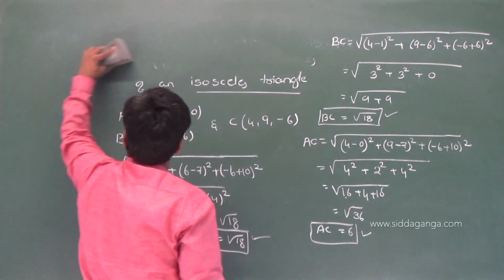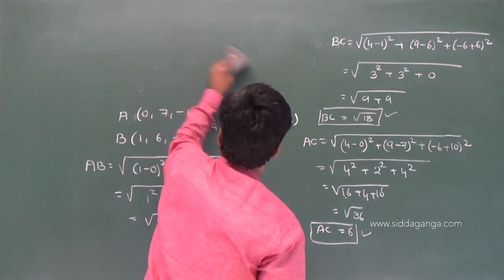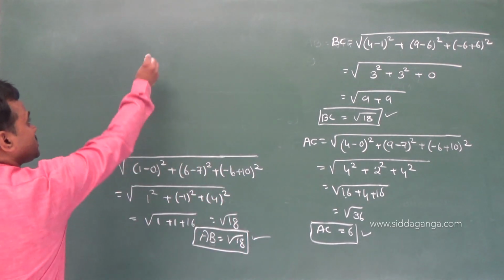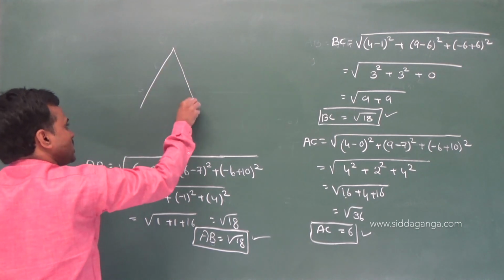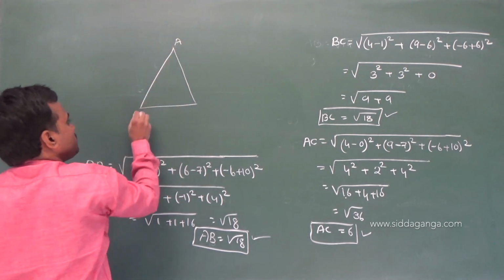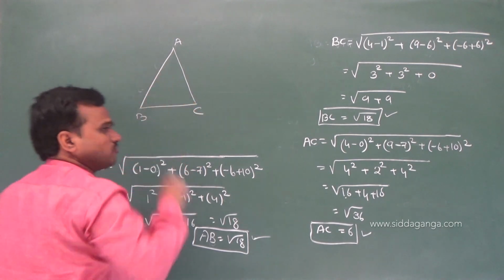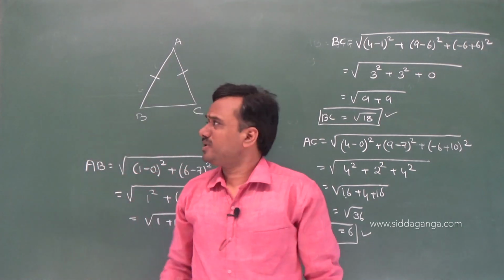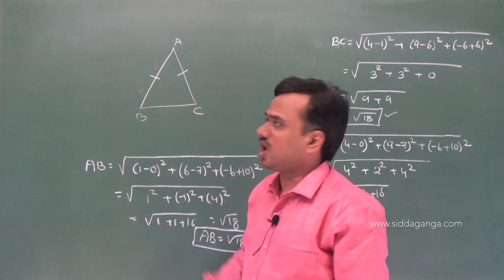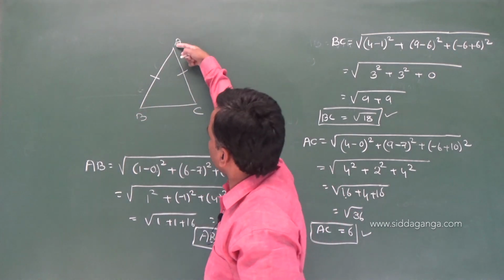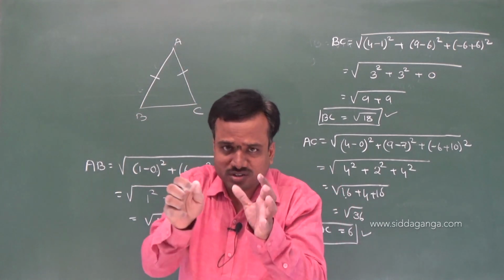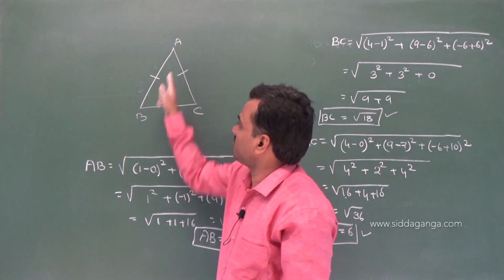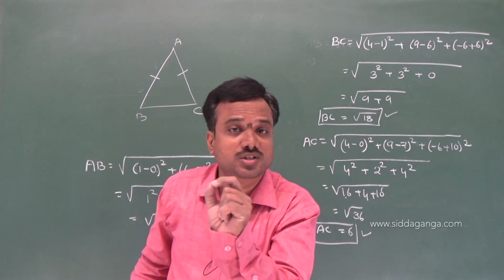So what did he ask? He asked, show that the given 3 points are what? An isosceles triangle. What do you know about this one? A triangle contains 3 sides. For an isosceles triangle, if any 2 sides are equal, that means AB is equal to AC, or AB is equal to BC, or AC is equal to BC, then we call that triangle an isosceles triangle.